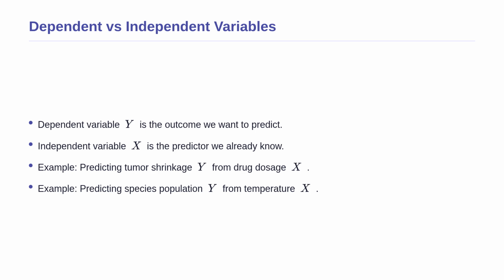Why does this matter? Because without defining these, we cannot make actionable predictions. For instance, a pharmacologist uses the known drug dosage, the independent variable, to predict the unknown tumor shrinkage, the dependent variable. An ecologist might use average summer temperature to predict an endangered species population. We are using what we know to reveal what we do not know.